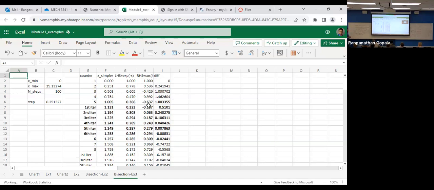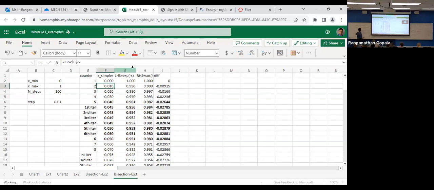Positive. That is a clue. So between 0 to 1, there is a sign flip. It just happens to be very simple, 0 to 1. So we'll start with x min equal to 0 and x max equals 1.